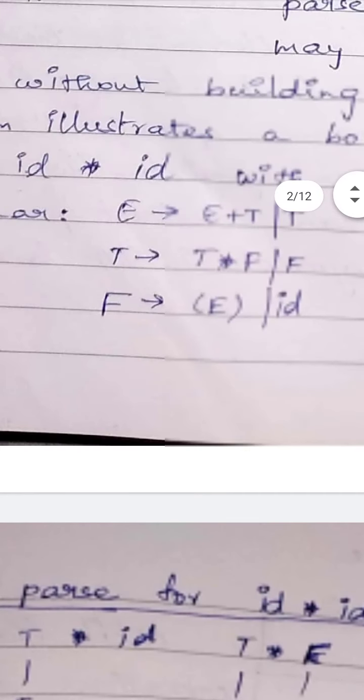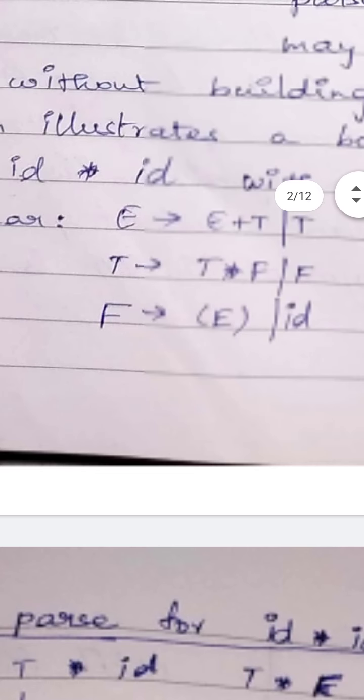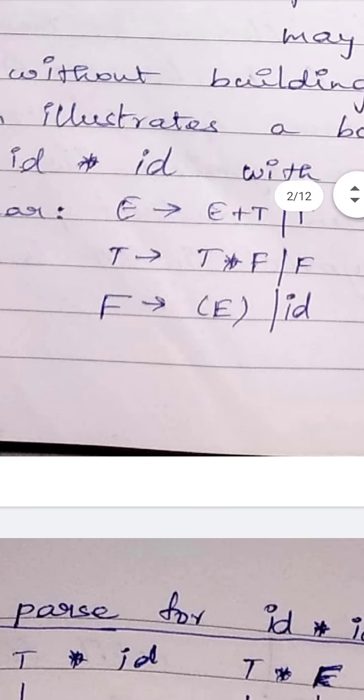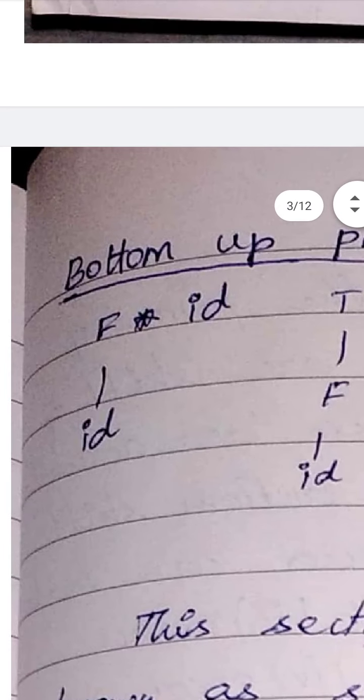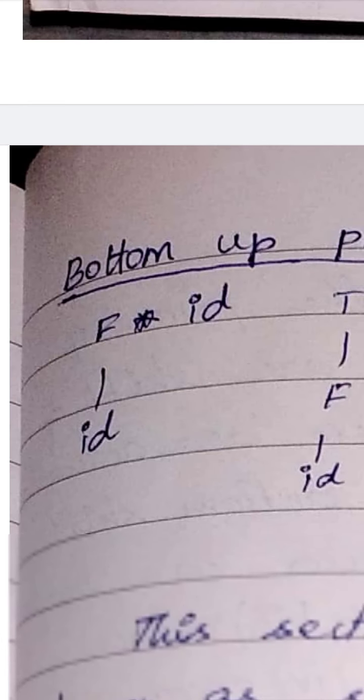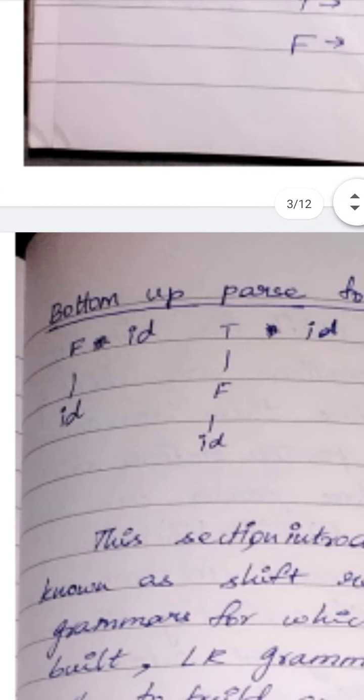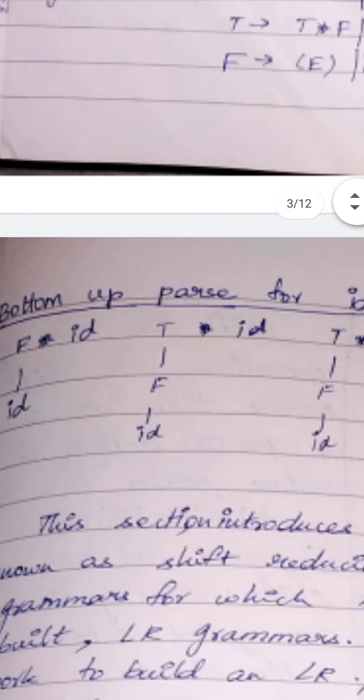So in bottom up parsing we use the technique named reduction, whereas in top down parsing we use the technique named derivation. These things are very important.